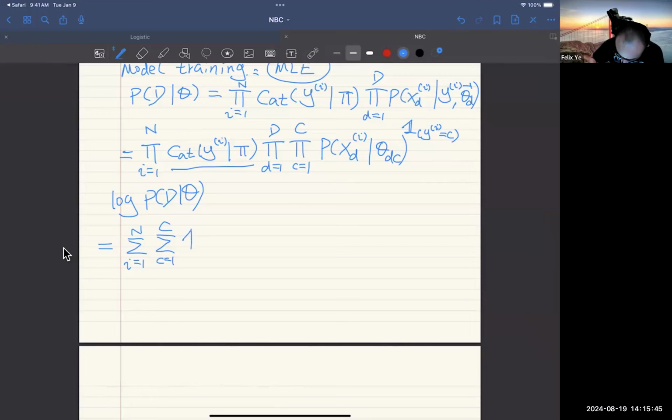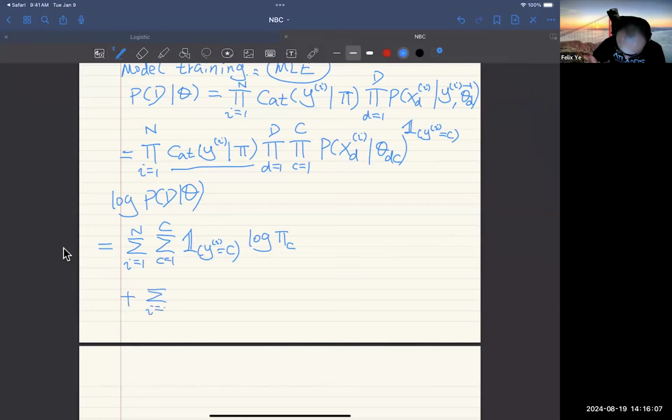So this is the indicator y_i equal to c, and the log of pi_c.